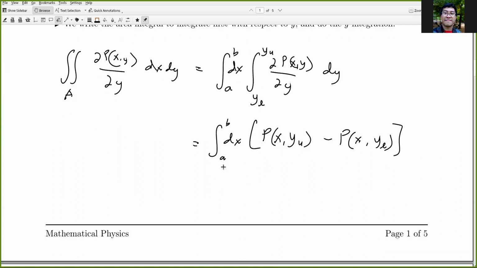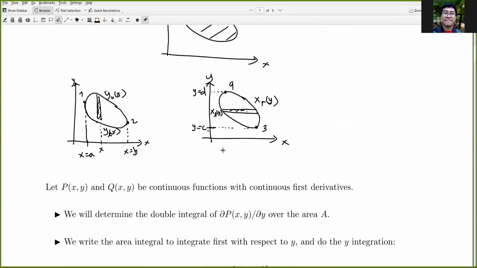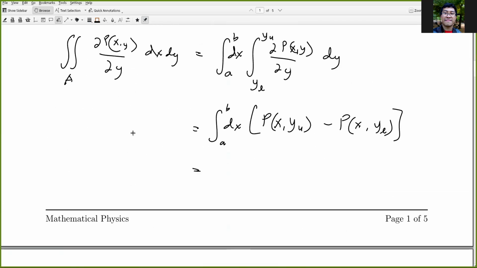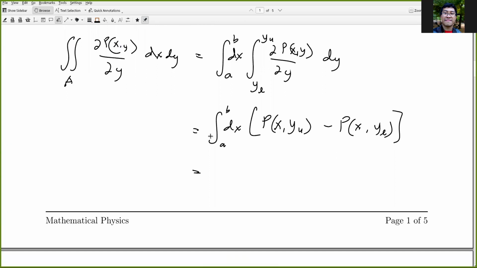Okay, and say we just want to write it in a way so that our path of integration along this curve goes counterclockwise. So we go at the lower curve from A to B, at the upper curve B to A. So basically we're going here and then here. So again, lower curve A to B.